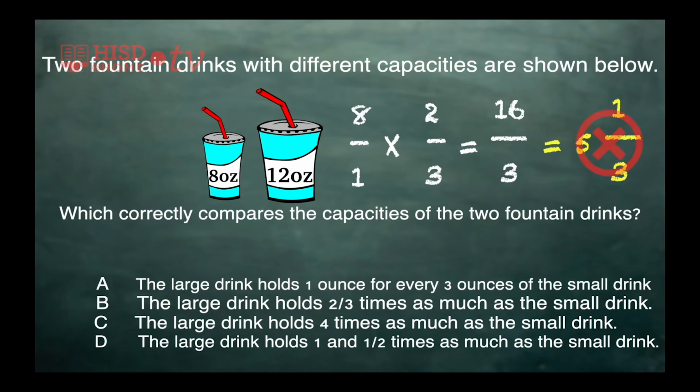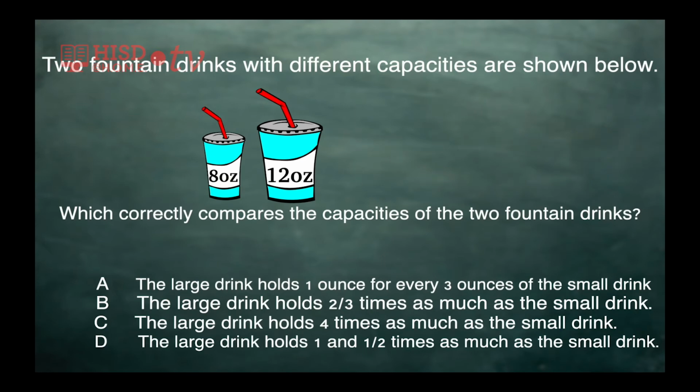So C says the large drink holds 4 times as much as the small drink. Well, I know 8 plus 4 is 12, but the answer choice says 4 times 8. So 4 times 8, that gives me 32. Nah.